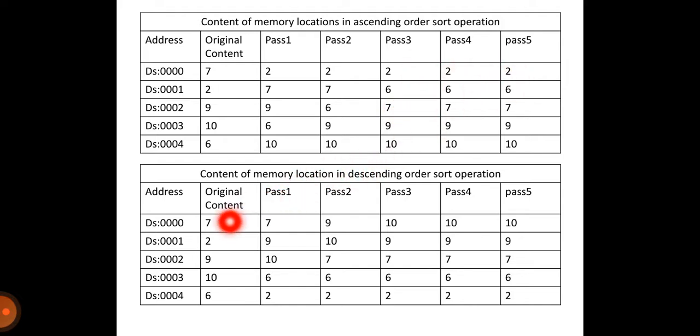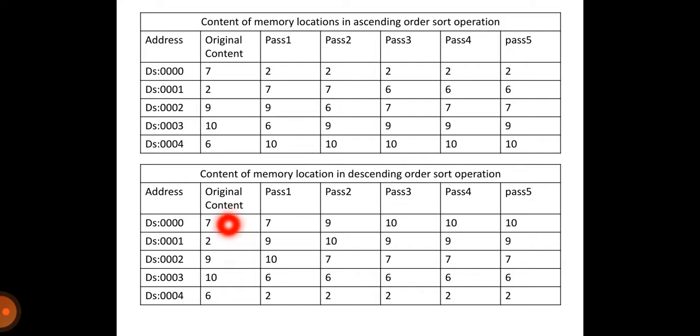You can observe this. For descending order, 7 compare with 2, no change. 2 compare with 9, yes, change, 9 comes first. 2 compare with 10, 10 comes first, as you can see. And then 9 compare with 6, 9 comes first.